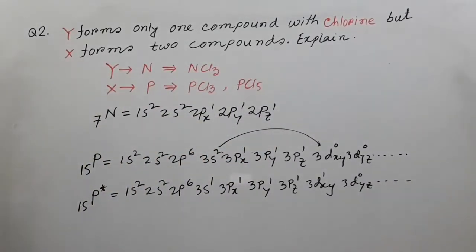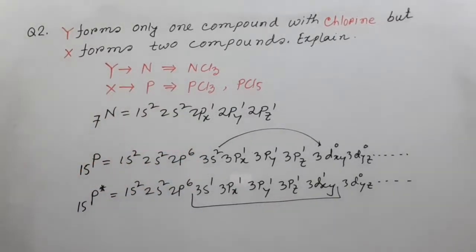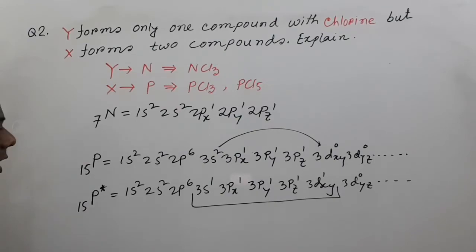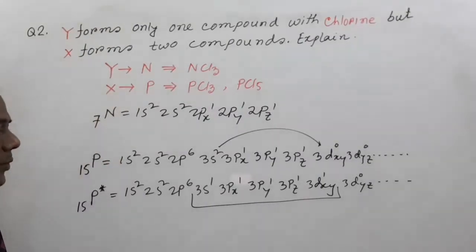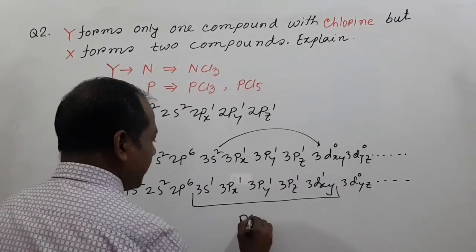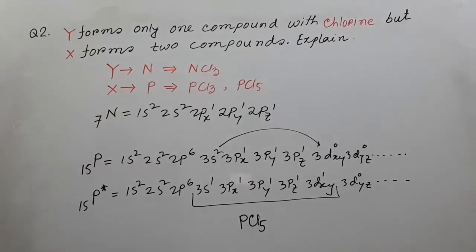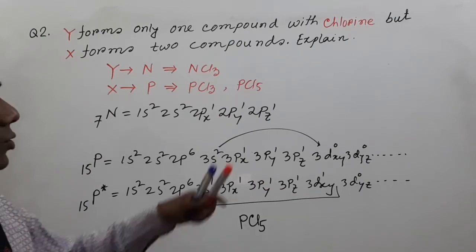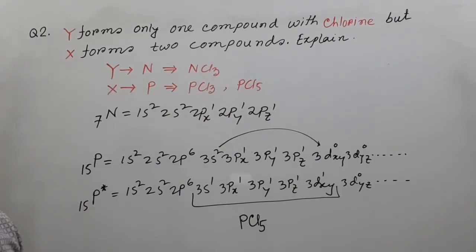So my dear students, if we see the electronic configuration here, 5 unpaired electrons are present. That's why 5 chlorine can overlap these 5 unpaired electron holding orbitals, and then they form phosphorus pentachloride. And according to this reason, Y forms only 1 compound with chlorine, and X forms 2 compounds.